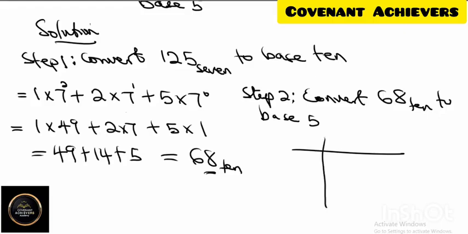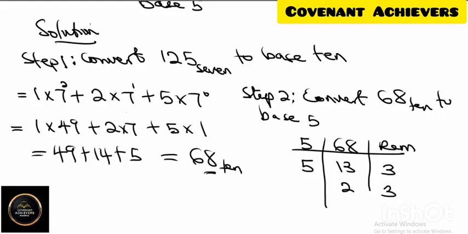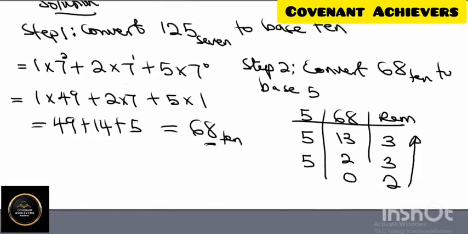And let's use this method. We have 68, we have 5, and we have remainder. 5 goes in 68, that's 13, remainder 3. 5 goes in 13, that's 2, remainder 3. And 5 goes in 2, that's 0, remainder 2. So you are tracking it up.